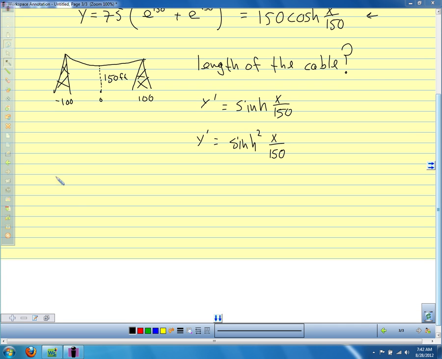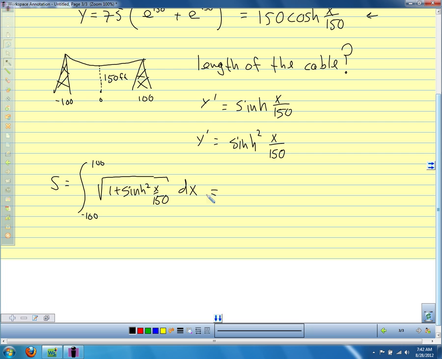Our arc length S is going to be, based on our drawing here, the integral from minus 100 to 100 of the square root of 1 plus sinh squared of x over 150 dx.